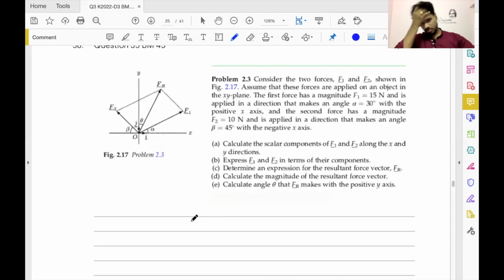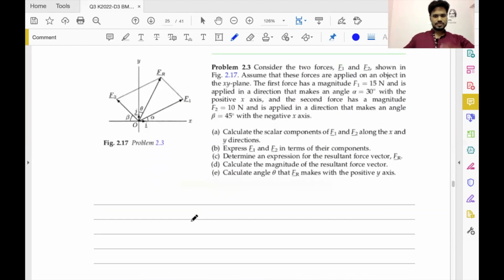Okay, this problem we have seen in class very well. Let's quickly do this. F1 is 15 acting at 30 degrees.